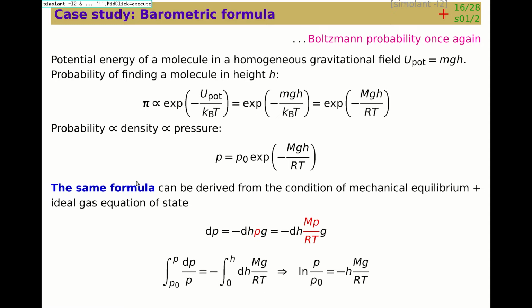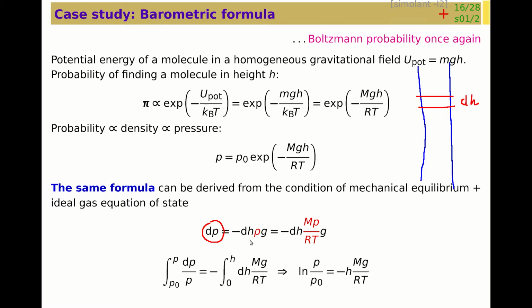Okay, it looks fine, but we have another possibility how to calculate the same result. And always, if we calculate something twice, we are happy that we understand it better, and it will be the case here. So let's assume we have a column of air, and let's calculate the difference in pressure between these two layers or levels, which are dh apart, some elementary height.